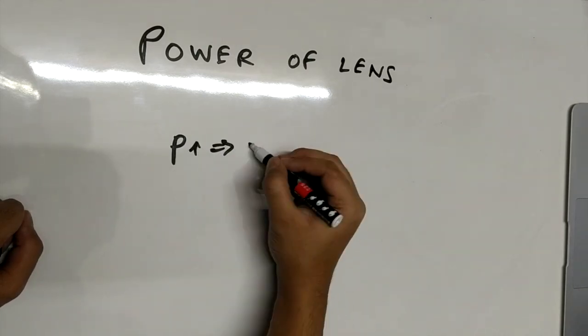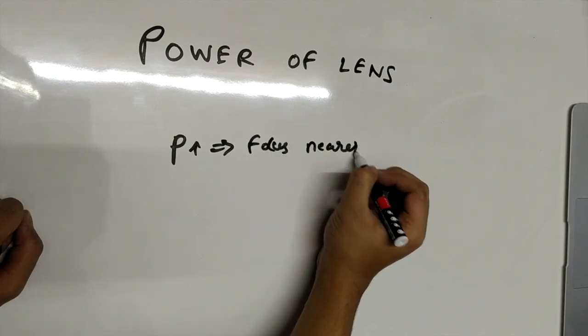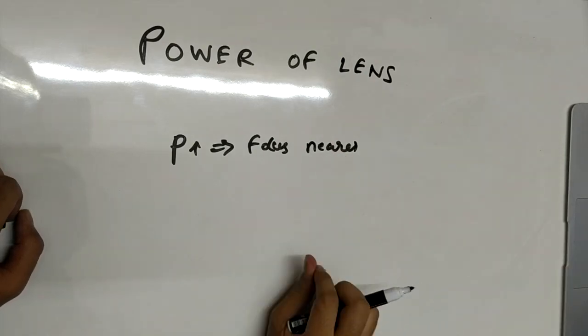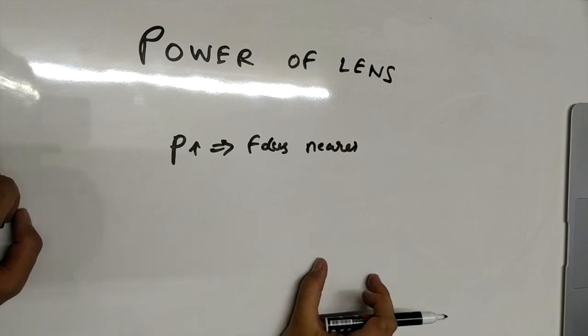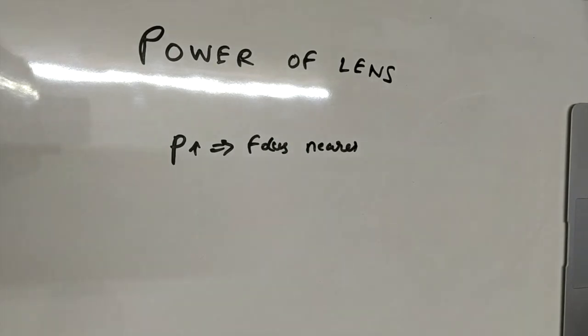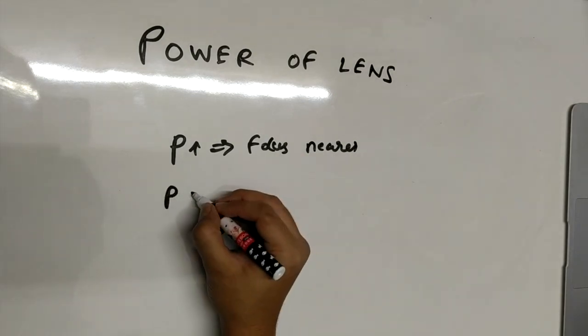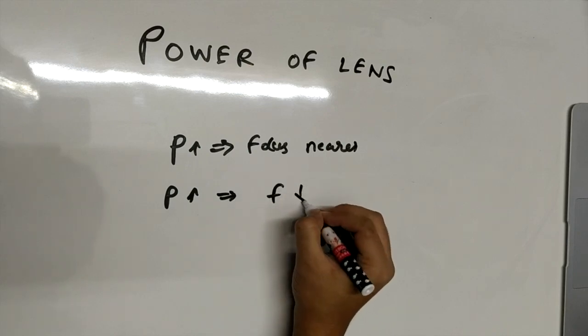Power more means focus near. It means focal length is smaller. If the focus is near, obviously the focal length is smaller, because focal length is the distance of the focus from the optical center. So if power is more, then focal length is less.